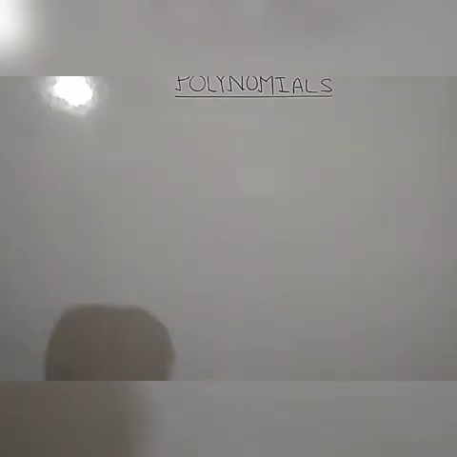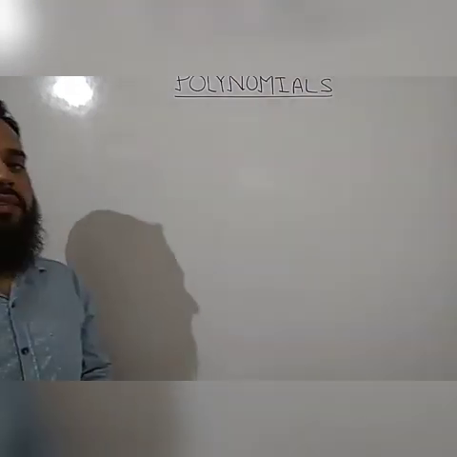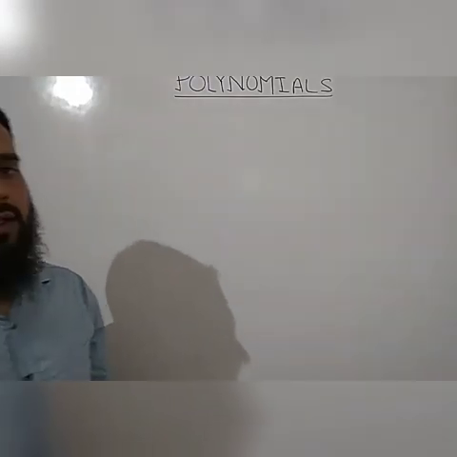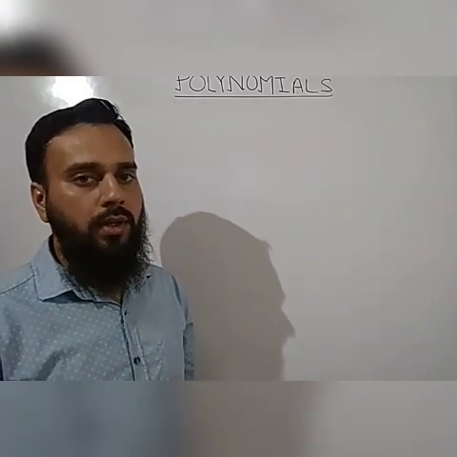Now coming to the second type of question which is generally asked: you have to verify. You will be given some values of the variable and you have to verify whether these particular values are zeros of that polynomial or not.